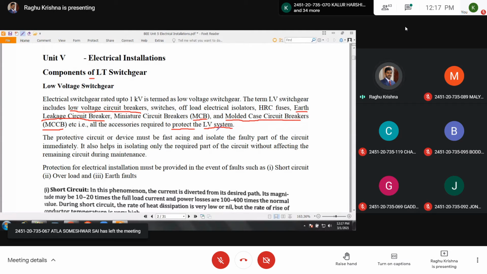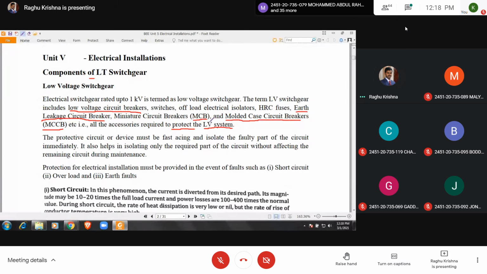Not only our equipment. In your home, equipments are connected in parallel with the supply, not only one equipment but many equipments. So this MCB, MCCB will protect all the equipments in our home or office.